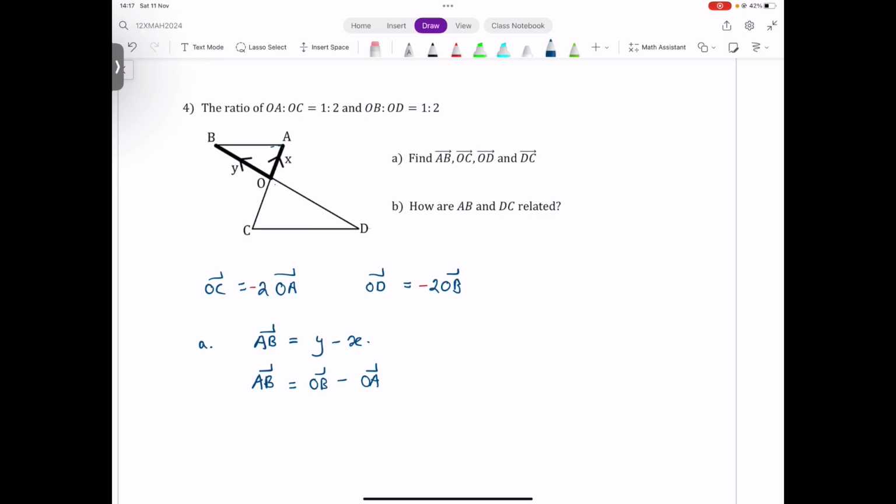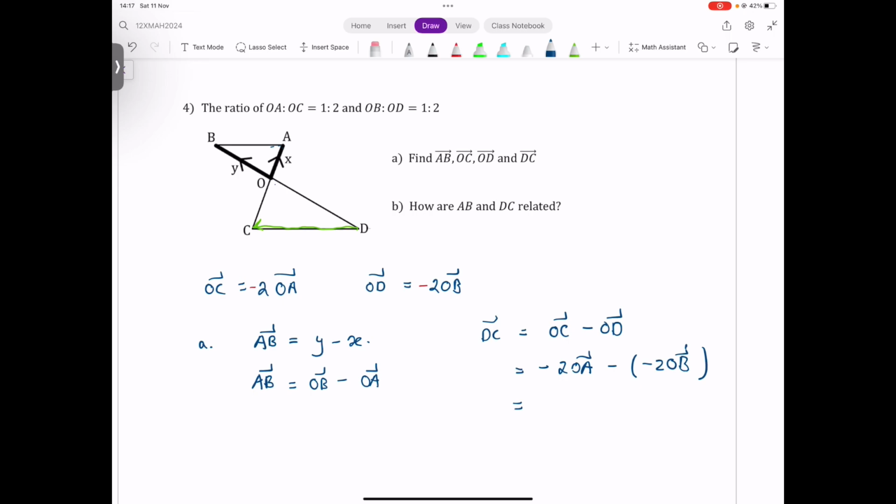Now we're going to find DC. DC is from here over to here. It's going to equal OC minus OD. But we've already figured out that OC is minus 2 OA, and OD is minus 2 OB.